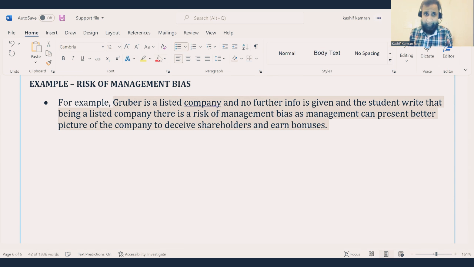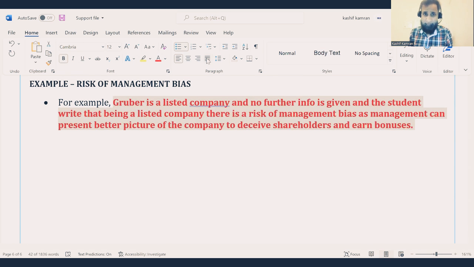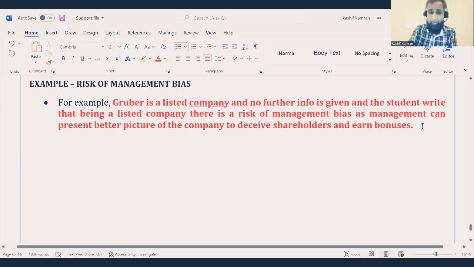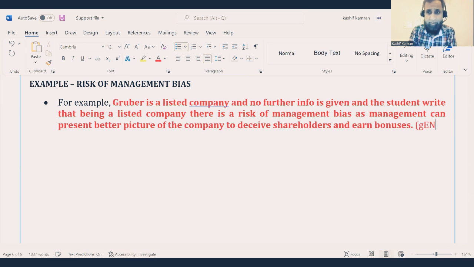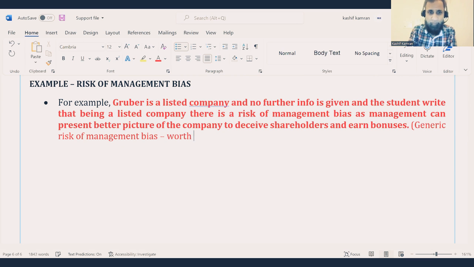The examiner says this is absolutely wrong and you will not get anything, because the examiner treats it as a generic risk of management bias. And when you read the examiner report, the examiner will tell you this is worth 0 marks.